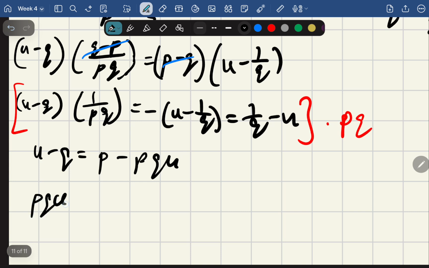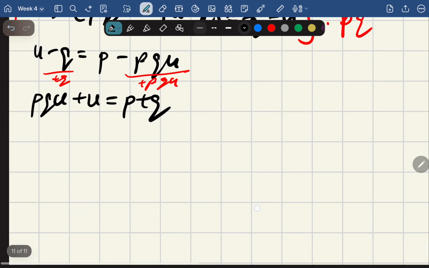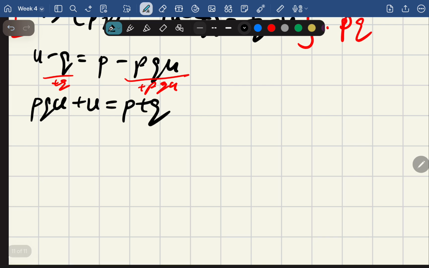So PQU plus U is equal to P plus Q, after adding Q to both sides and then adding this. It's just basic simplification. So U is P plus Q over, what is this? PQ plus 1. Okay, that's the answer.